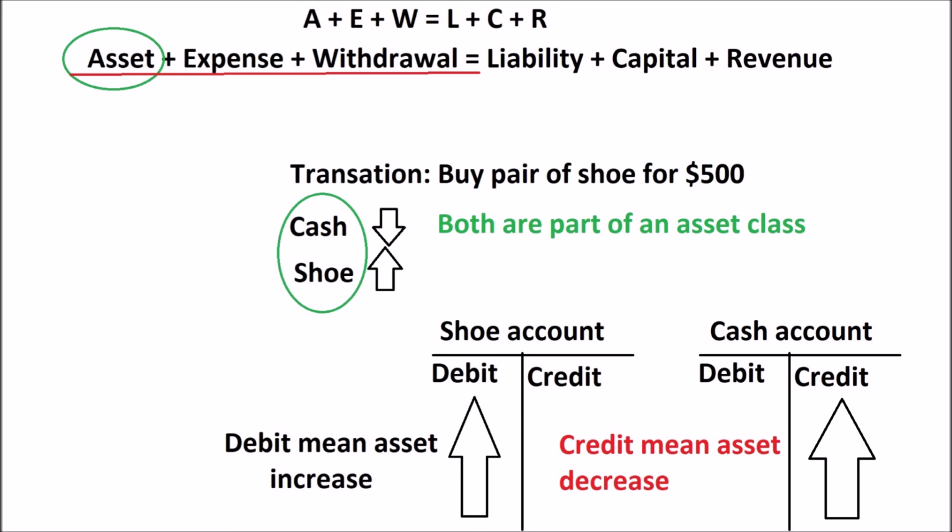In the example we just showed, since both of them are part of the asset class, the shoes went up but the cash went down. Whenever you are adding, your debit side is increasing, and whenever you are subtracting, your credit side will have to be increased.